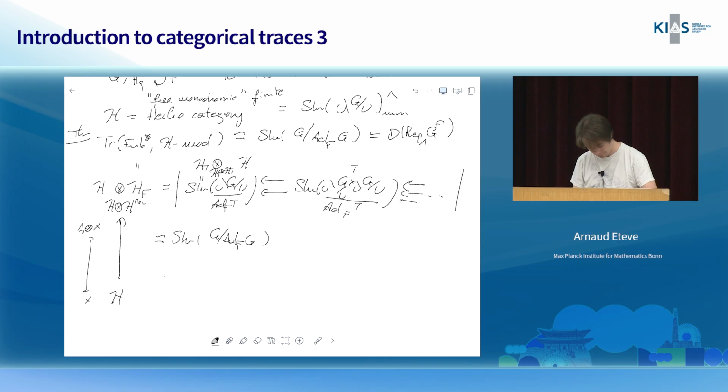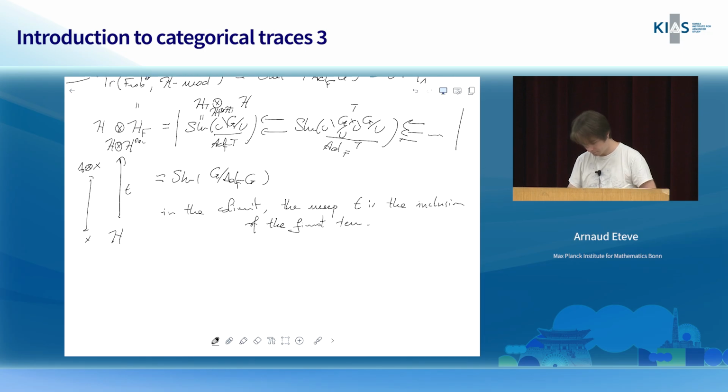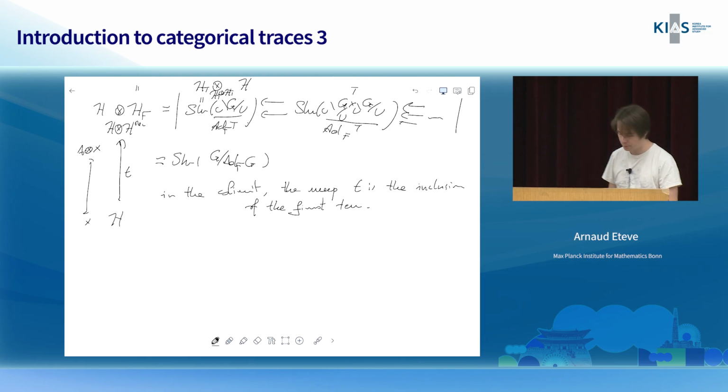So let's call this map small t, the inclusion of the first term.